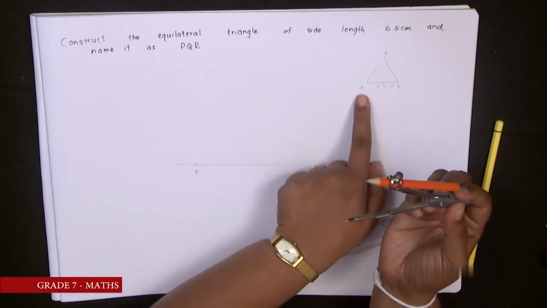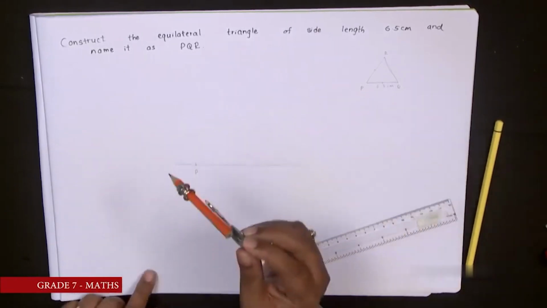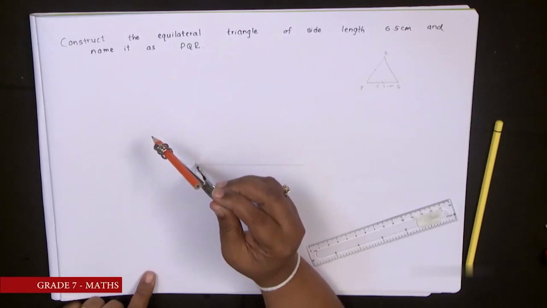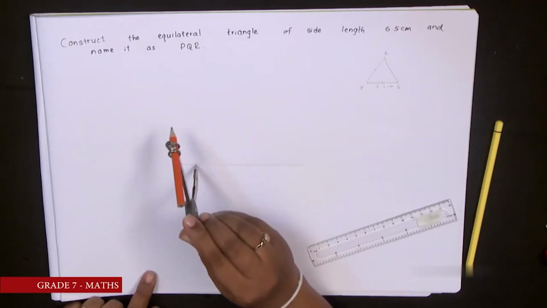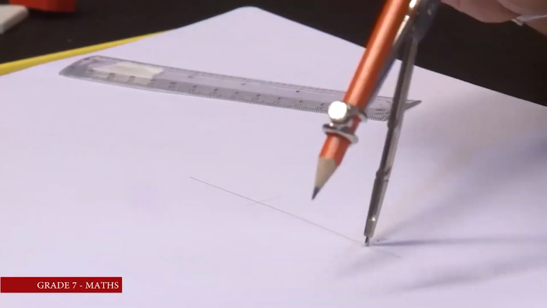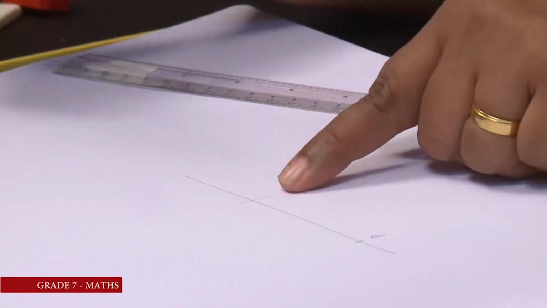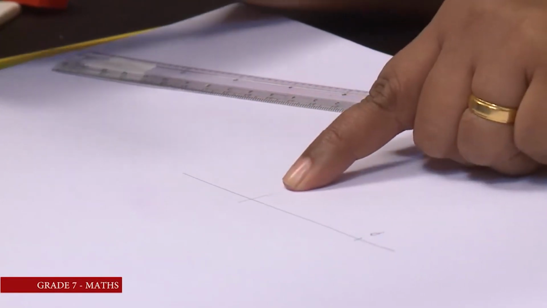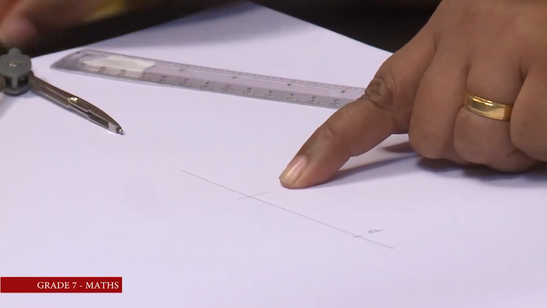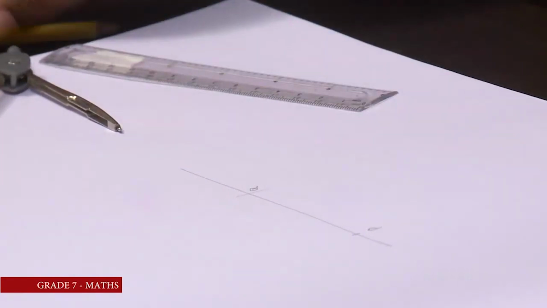So, first of all, I am going to construct the straight line segment PQ. Therefore, I am going to place my pair of compasses on point P, draw an arc to intercept the straight line segment. Now, here we have constructed a point and I can name the point as Q.